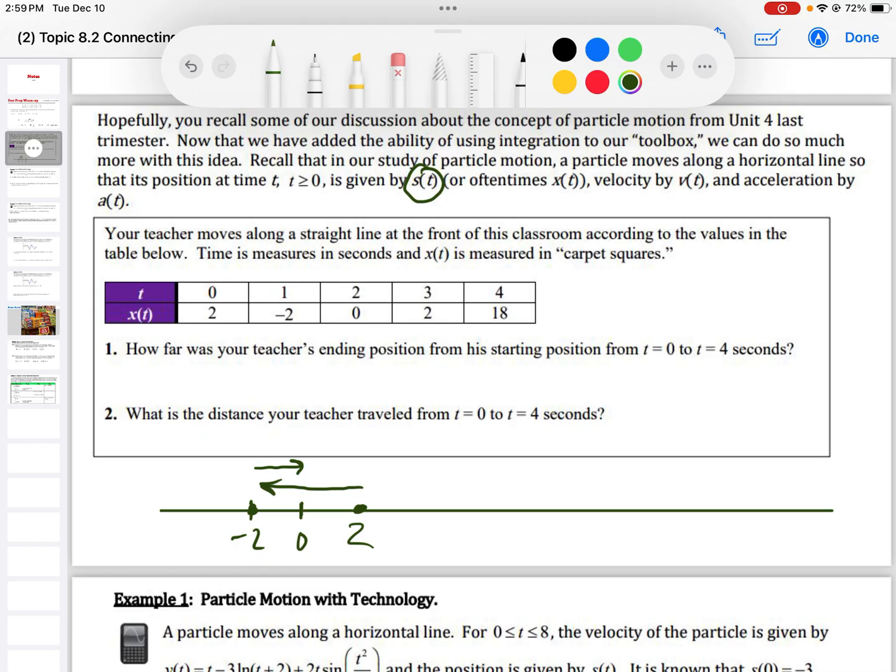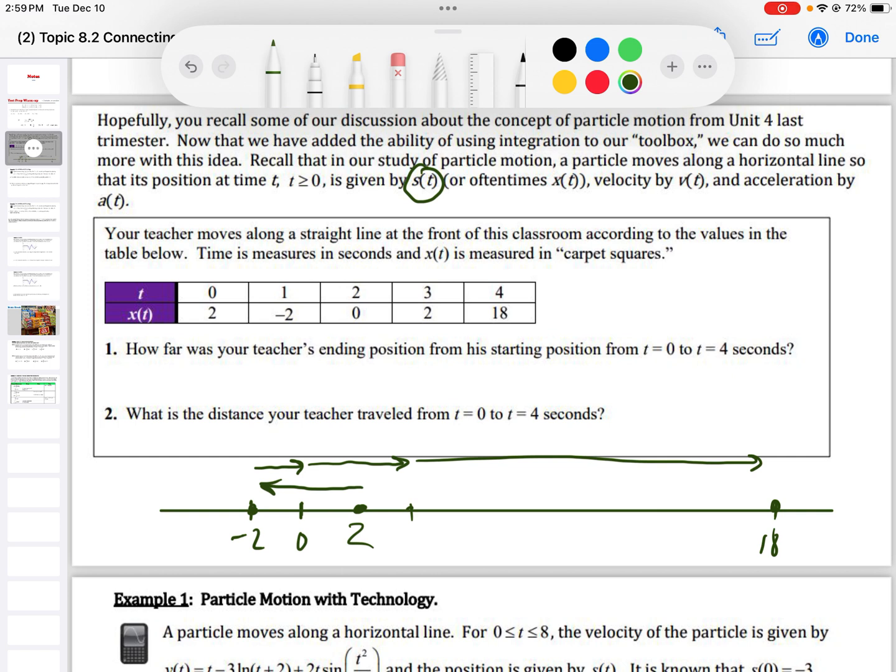So far I've traveled, looks like 4, 5, 6 units, correct? And then after the next second, I'd be at position 3. And then walk a long ways. Now I'm at position 18.